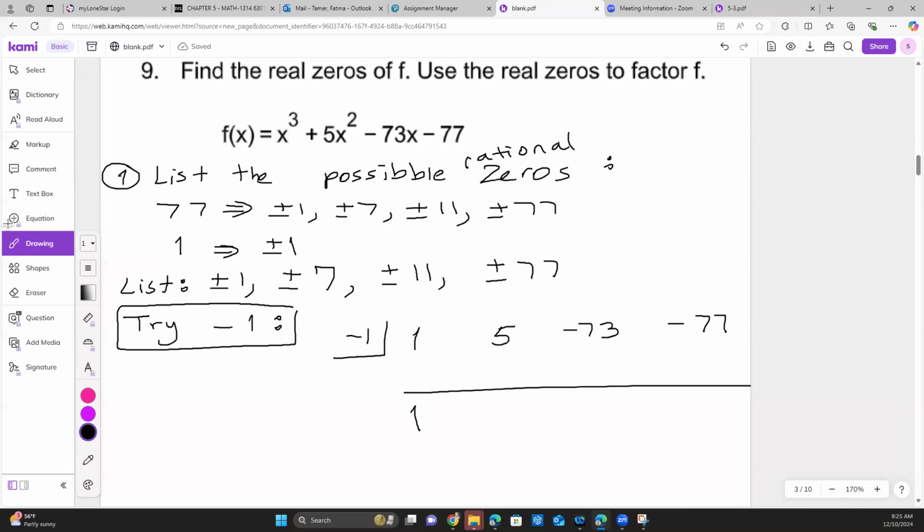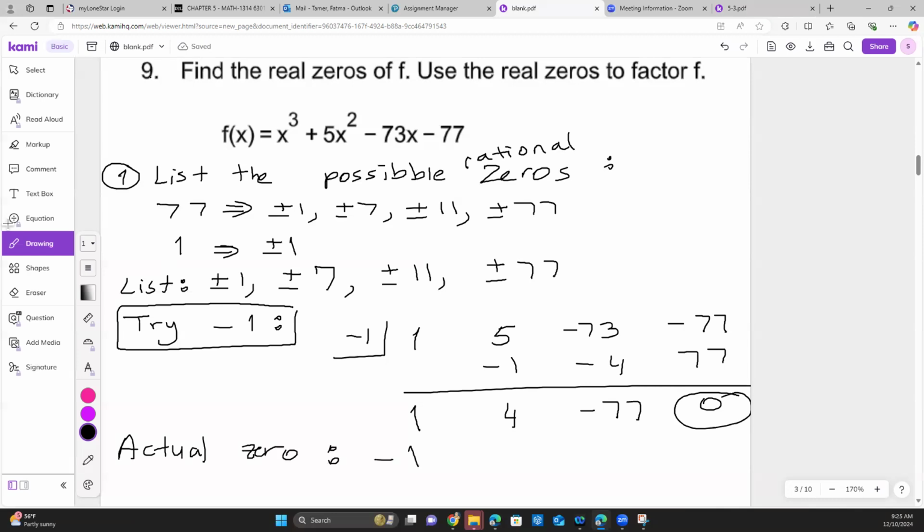Bring down the first number, multiply, add, multiply, add, multiply, add, and I am very lucky. Negative 1 is an actual 0 because we got a remainder of 0. So one of the actual 0s is -1.